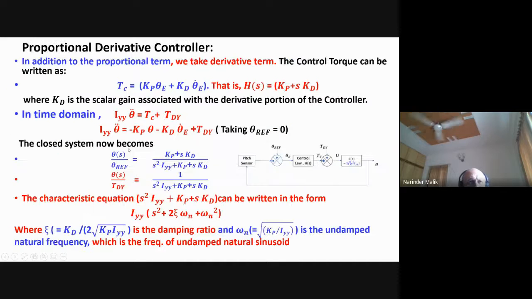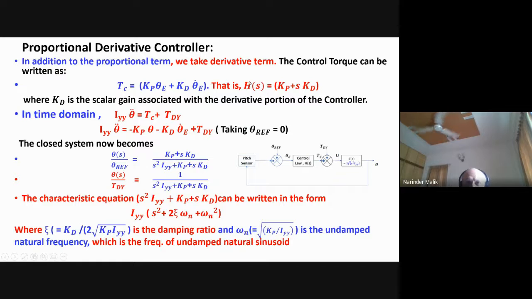So in addition to the proportional term, we will add a derivative term. Tc is equal to Kp into theta e plus Kd into theta e dot. This is the error, and this is the rate of change of error.